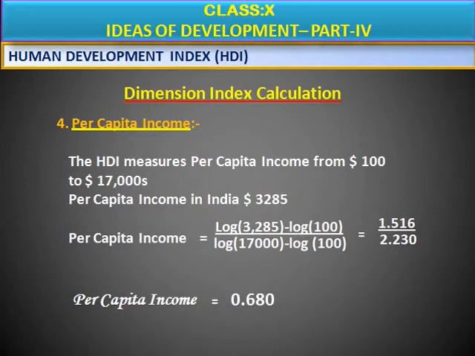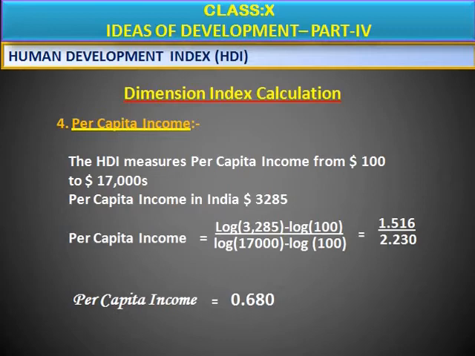Per capita income is equal to log of India's $3,285 minus log of the minimum per capita income according to HDI, $100, divided by log of the maximum US dollars according to HDI measures, 17,000, minus log of the minimum $100, which is equal to 1.516 divided by 2.230.